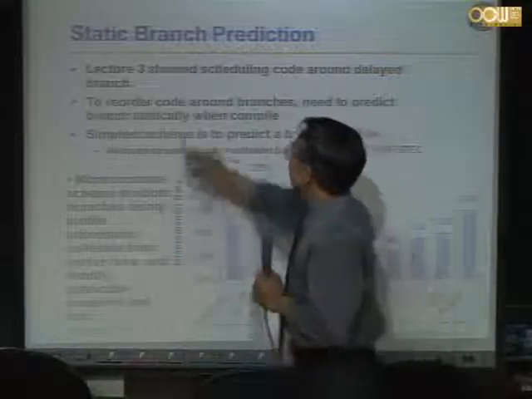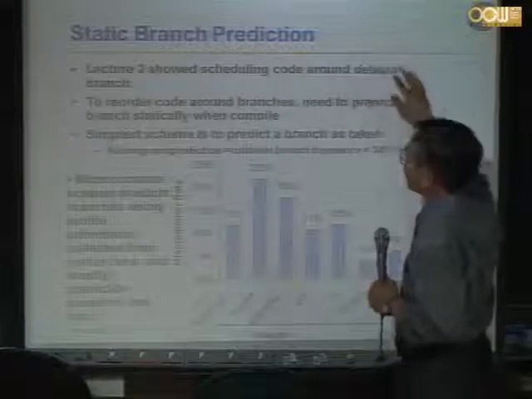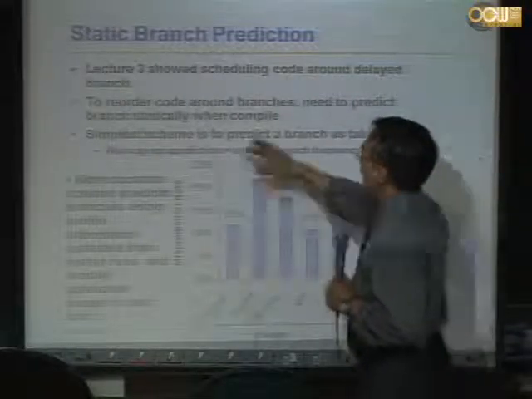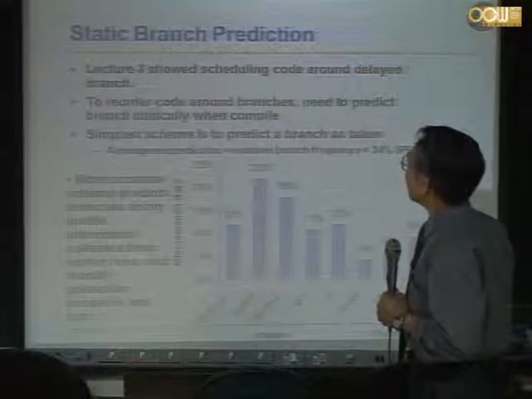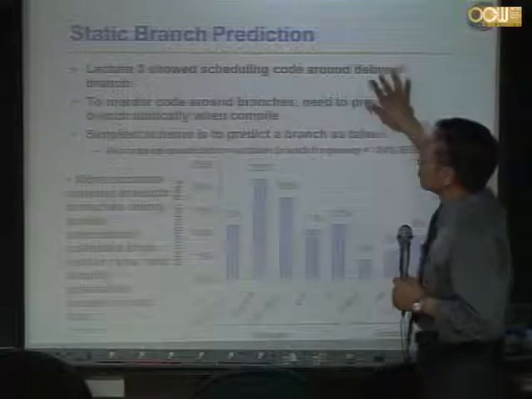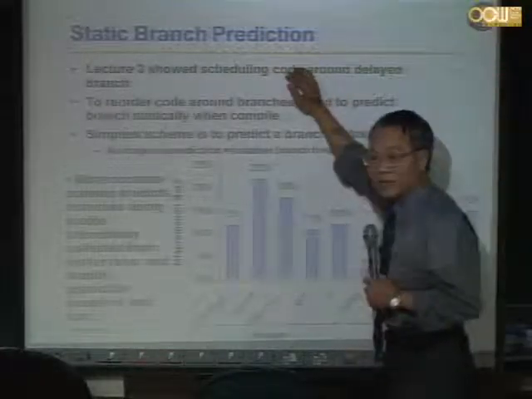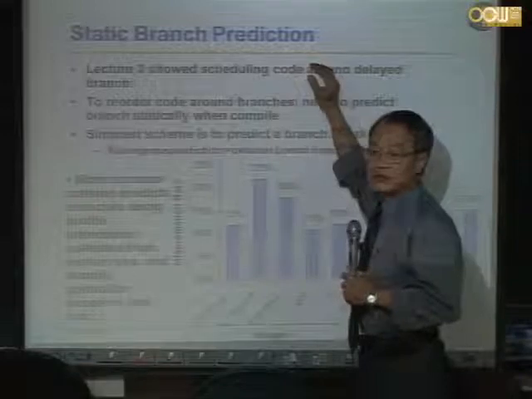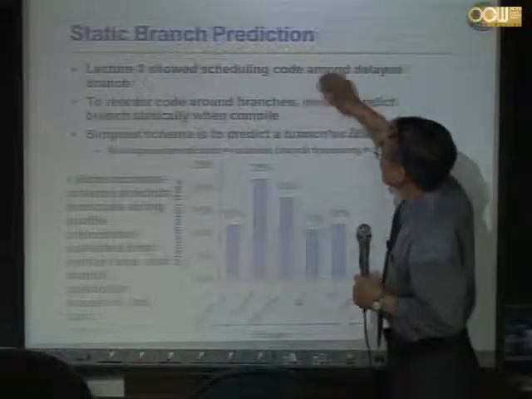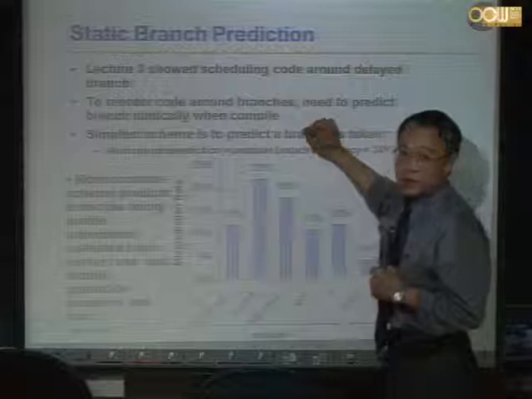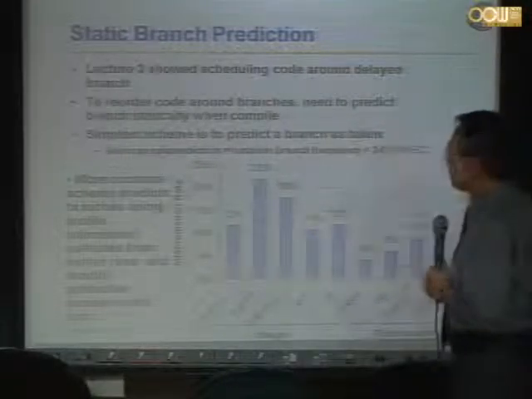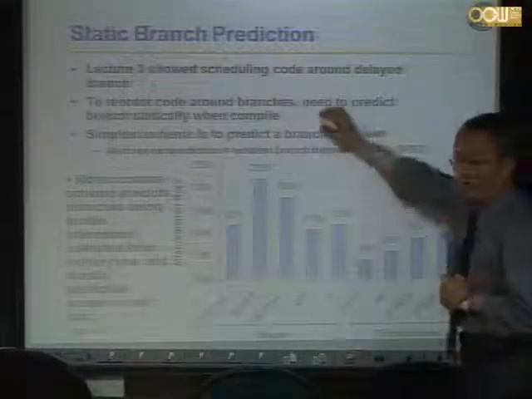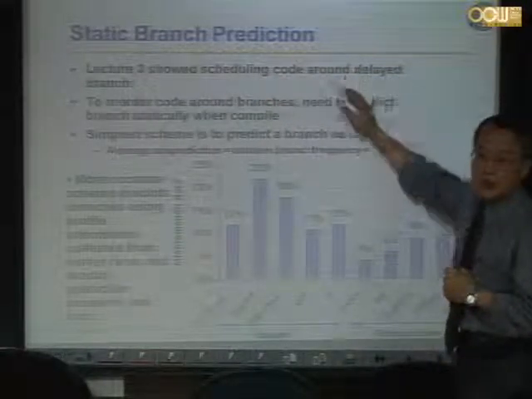Okay. Recall your memory. In lecture 3, we showed scheduling code around delayed branch. To reorder code around branches, we need to predict the branch statically when compiling. In that delayed branch code scheduling, remember we can move instructions in the same basic block down to replace the no-ops in the delay slots. Or we can move instructions from the target or from the fall through. Each case will have different considerations. Remember that?